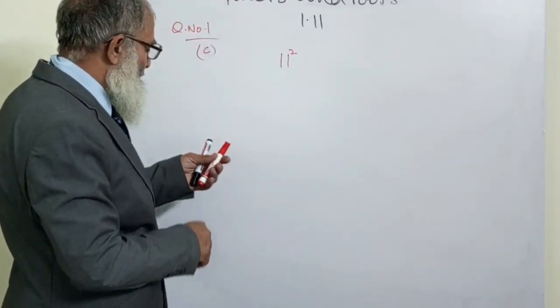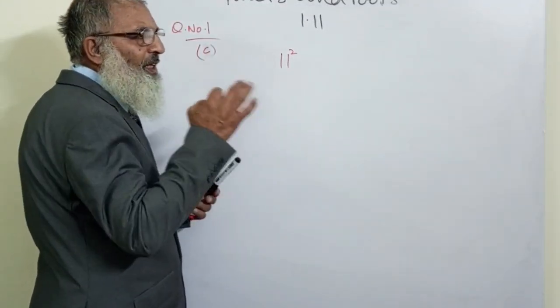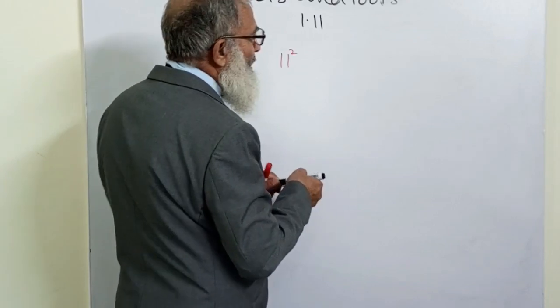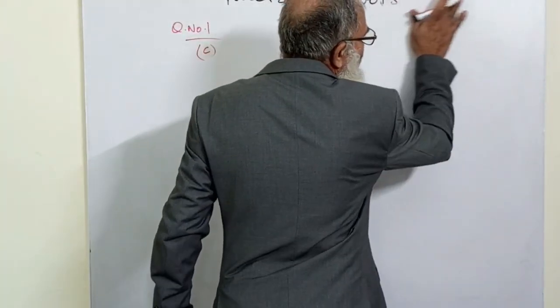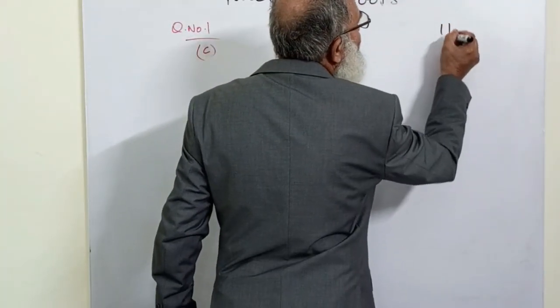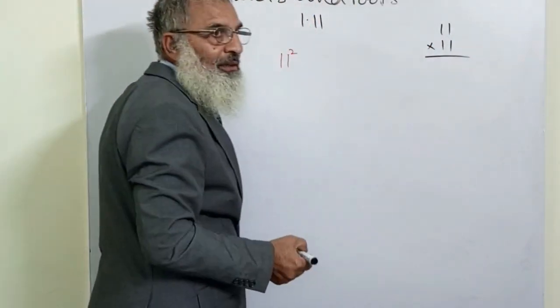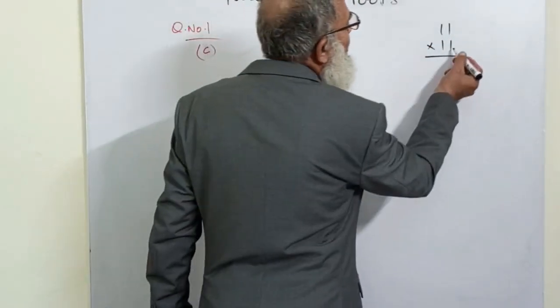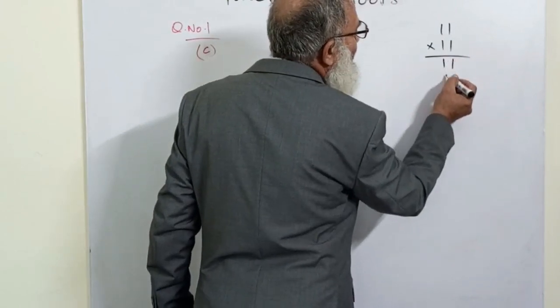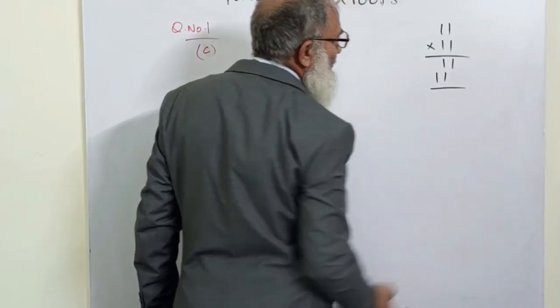Now how do we do it? It is very simple, a piece of cake. Just go to rough work, write 11 like this two times and multiply like this.